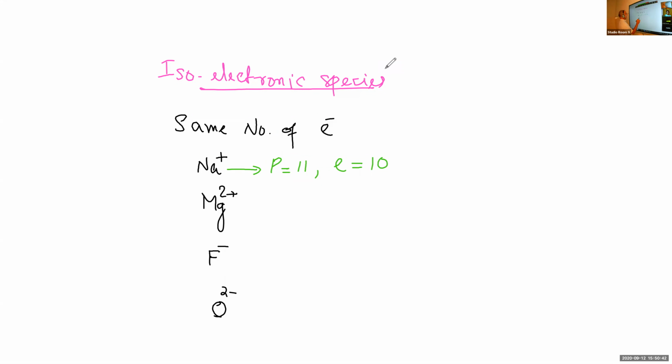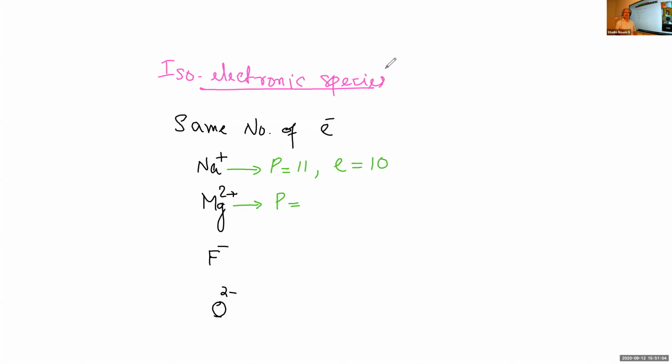Now you come to Mg2+. Magnesium's atomic number is 12. The protons are in the nucleus, and there is no change for the nucleus during a chemical reaction.